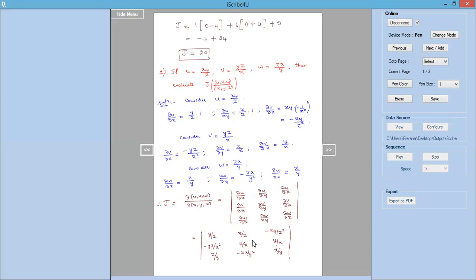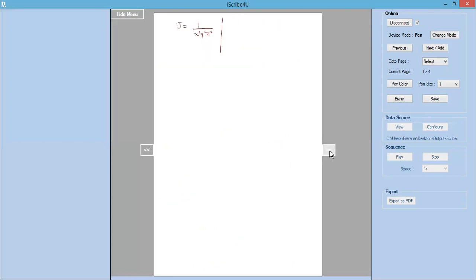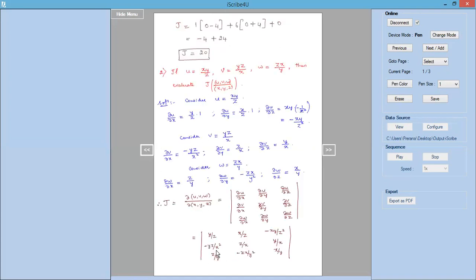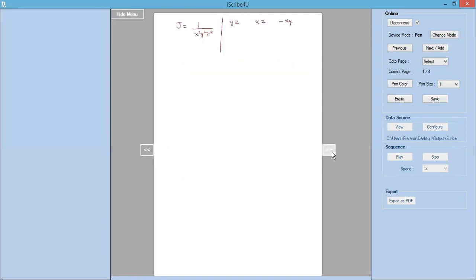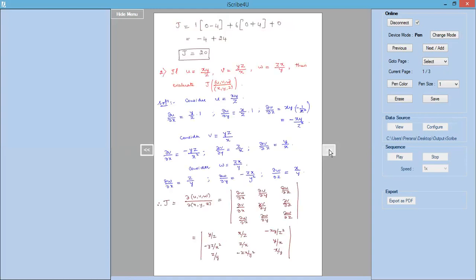So yz, xz, minus xy. Similarly, second row, when I take 1 by x square common, minus yz, zx, yx. And the third row we have minus yz, xz, xy.